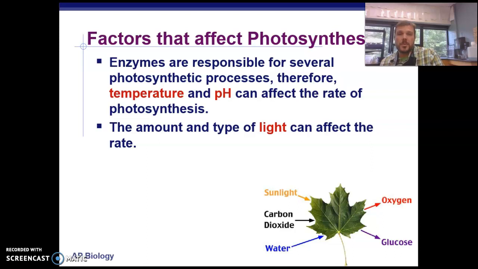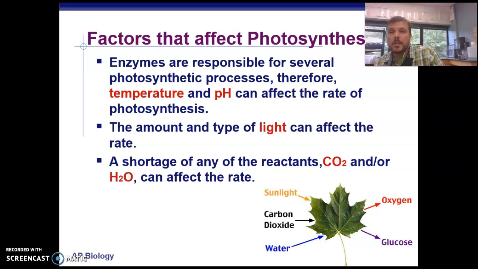It's also important to realize that the amount and type of light can affect the rate. So if you have lots of cloudy days, you're not going to have as much photosynthesis going on. If you have a shortage of any of the reactants in the equation, or water, that's going to affect the rate of photosynthesis as well, because you can't have a process happen without having any of the reactants that are going to go into making the products.